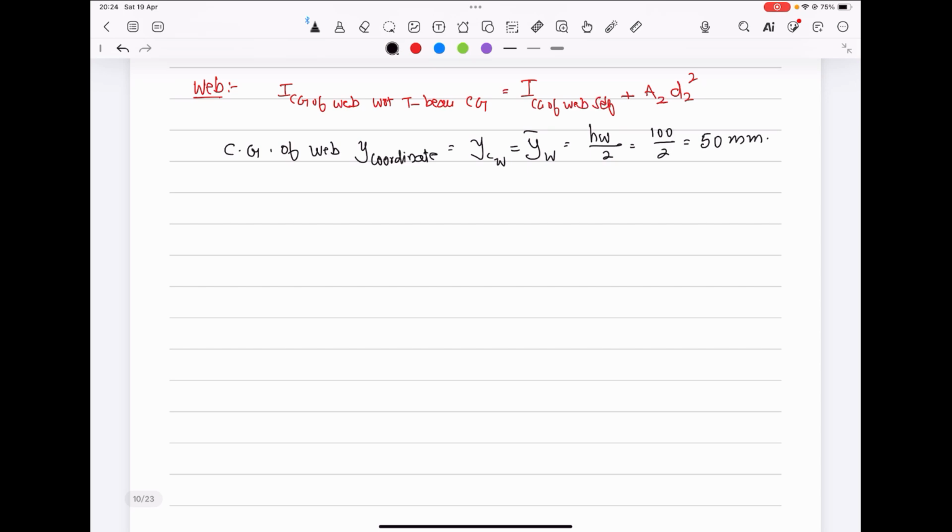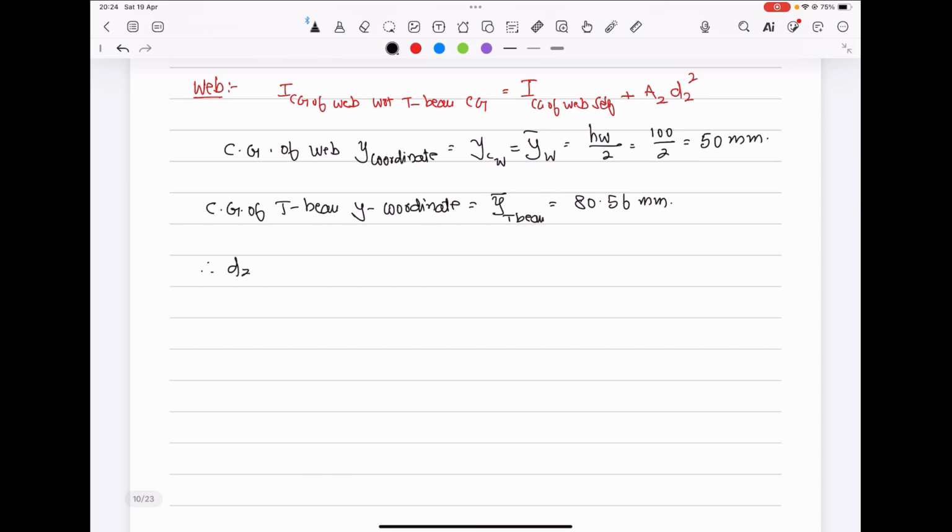The distance between this center of gravity, that is y of web, yc of web or y bar of web, and the total center of gravity of the T-beam. Center of gravity of T-beam y coordinate, every calculation we are doing with respect to x-axis, please remember, is y bar T-beam, which is 80.56 mm as we have calculated.